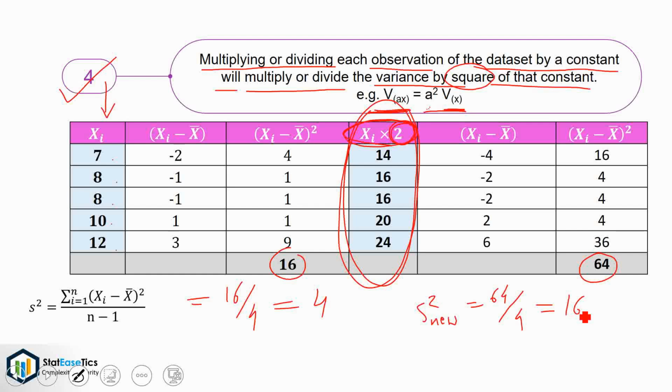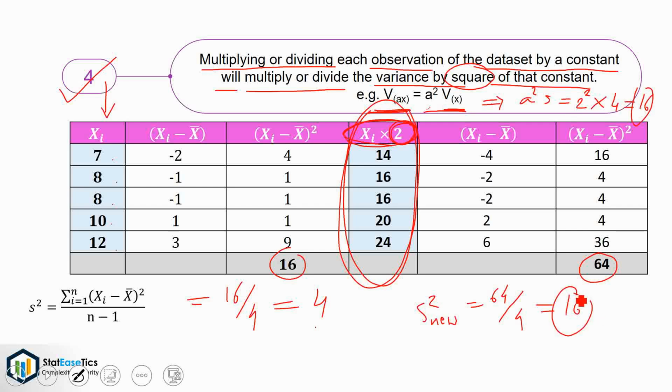So, putting in the formula, we get the new variance is a square into the old variance, that is 2 square into 4, which is equal to 16, thus satisfying the property.